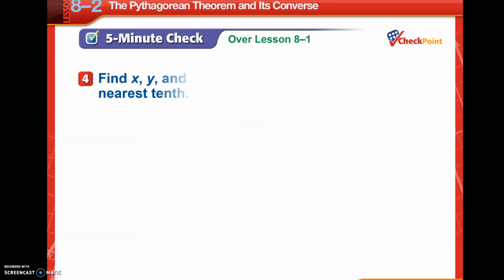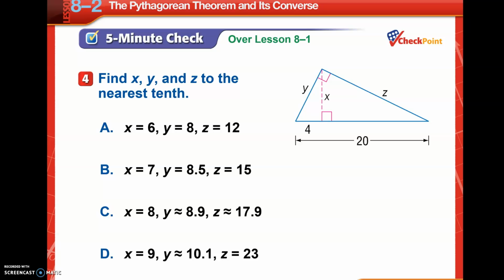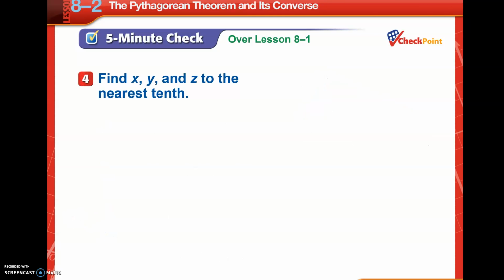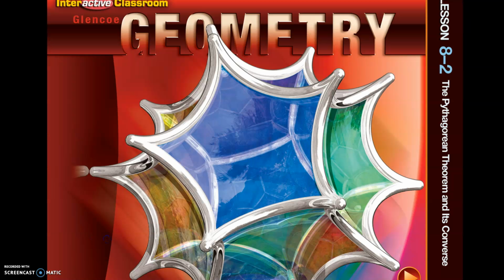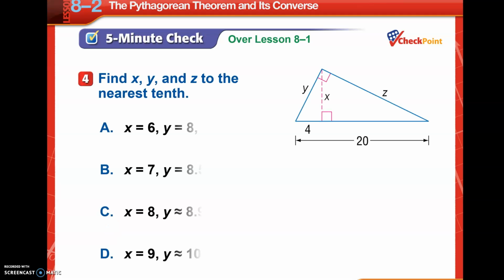All right, we are going to look at the Pythagorean Theorem, but I just wanted to go over our last goal, which is that you could use the geometric mean to find missing side lengths. So we looked at a couple things. Remember, this is from the altitude.